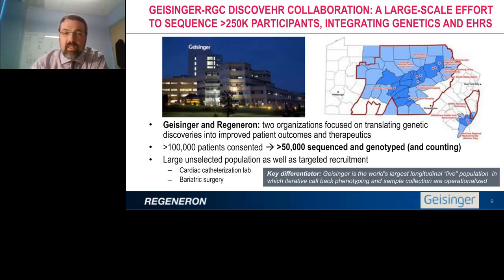And one of the interesting things is that because this population is so well captured by the healthcare system, we get individuals in extended families, and we also have individuals staying in the population for a long time, which makes Geisinger one of the world's largest longitudinal live populations, where we can see patients again and again, and as we understand more about their disease, that can be fed back to them, and we can do a variety of callback studies and really try to get at the biology of individuals and leverage that understanding to better understand disease more generally.